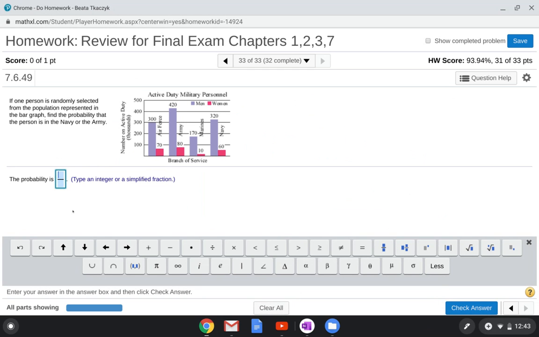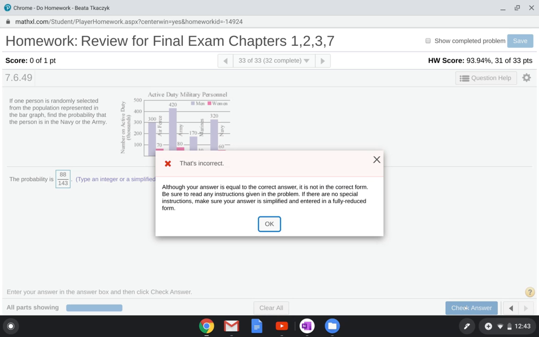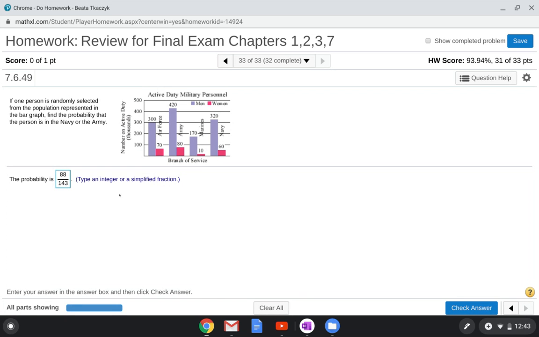Okay, hopefully I didn't mess up with this one. 88 over 143. Check. Okay, not correct. Type the integer or simplified fraction. 88 and 143, let's reduce that fraction.